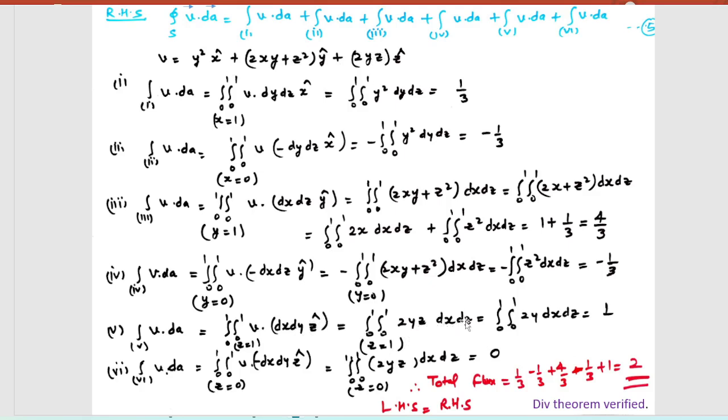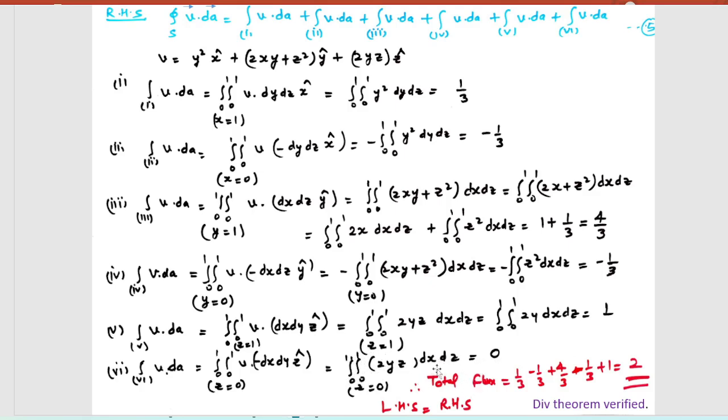So 2yz dx dy, and if we put the surface integral, the limits, it is 1. Similarly for the sixth face, b dot dA, sixth face means the bottom going down. So z cap minus dx dy, and it will give us 0 to 1, 0 to 1 on x. Dx limit is 0 to 1, and for z also 0 to 1, so it will give us 0 values.